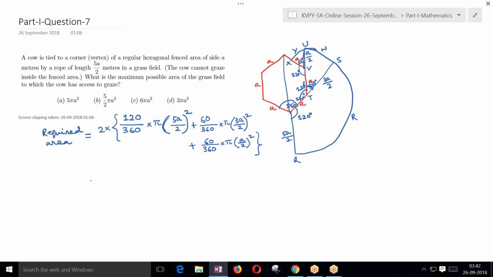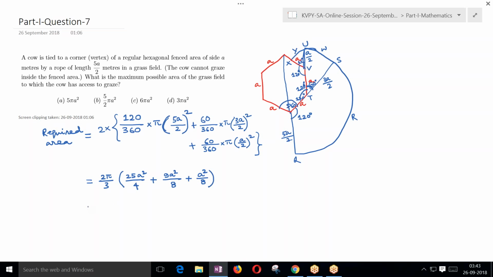We can take 2 pi by 3 common. If we take 2 pi by 3, then we are left with 25 a square by 4, then 9 a square by 8, and in the third term we are left with a square by 8.